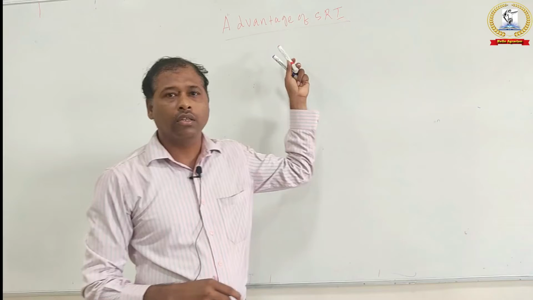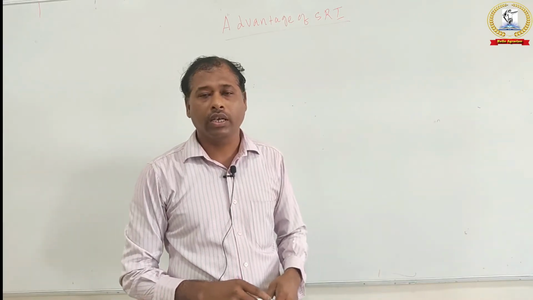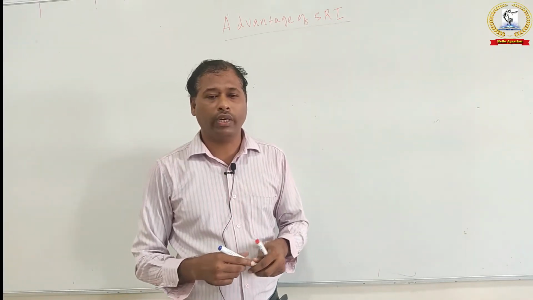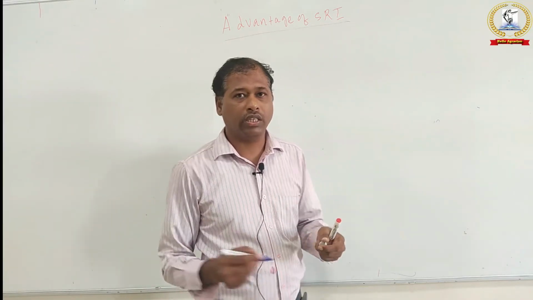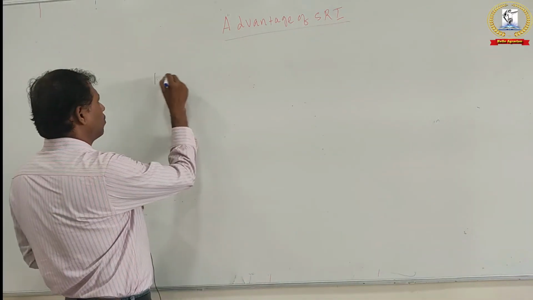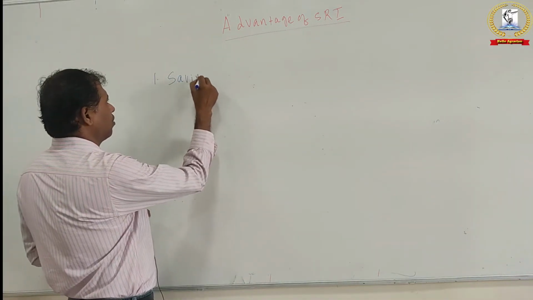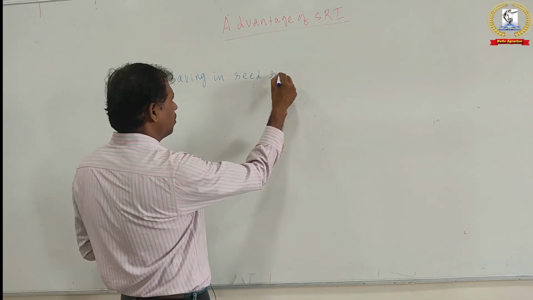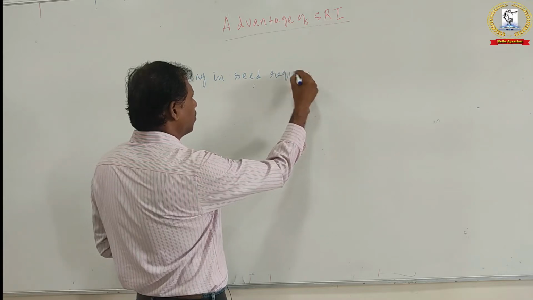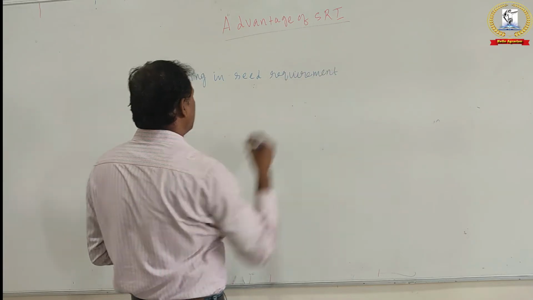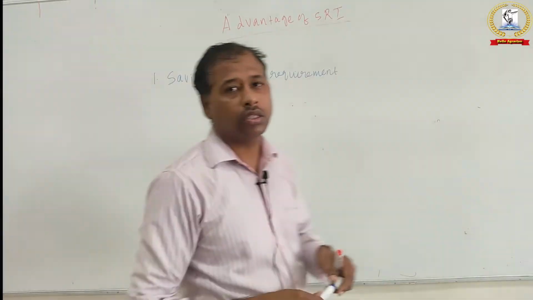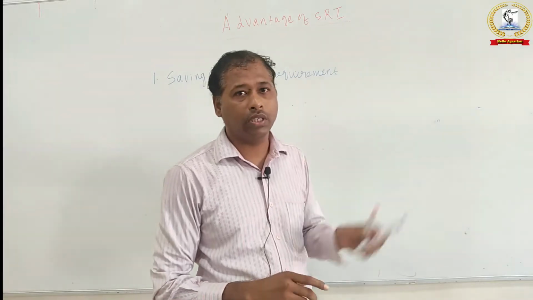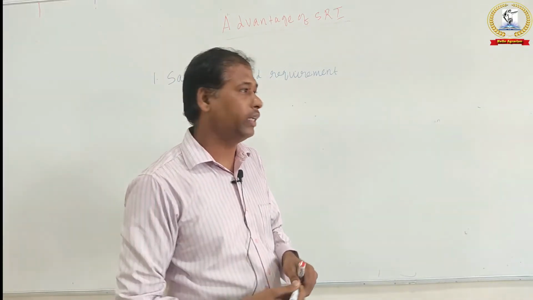So, in SRI method, there are a number of advantages as compared to conventional methods. The first and foremost advantage is saving in seed requirement. Since a single seedling is used at wider spacing, we require a low seed rate.